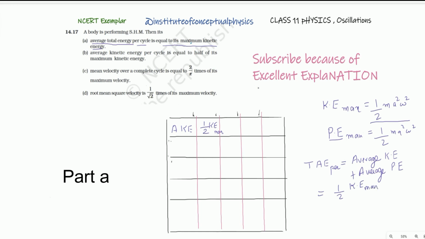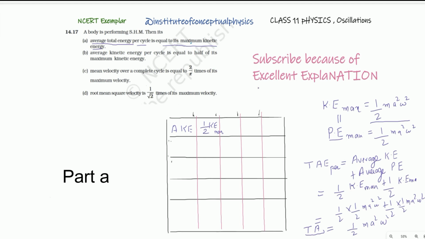And what is the average potential energy? It is again half of KE max or PE max. These two are equal, so you can also write this as KE max, which is equal to 1/2 into half of m a squared omega squared plus half of m a squared omega squared, which is equal to half m a squared omega squared. So that's your total average energy, right?